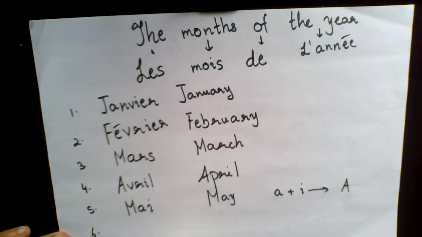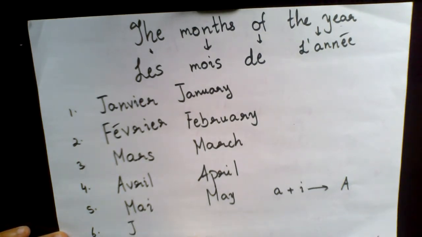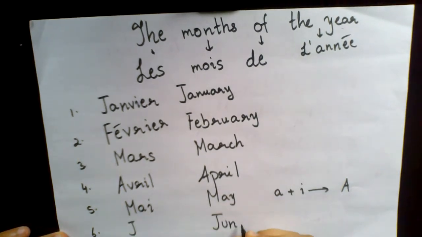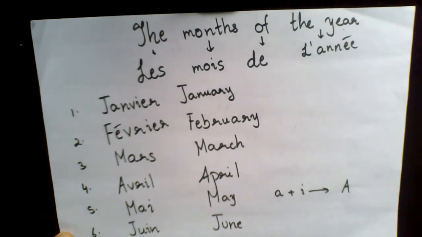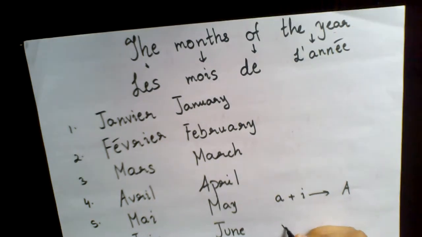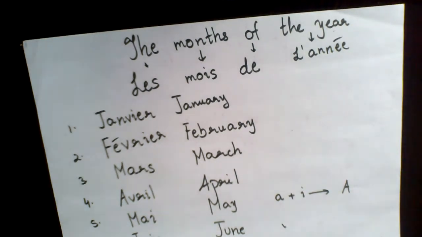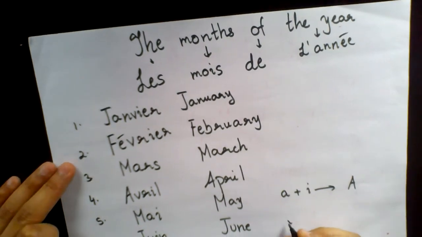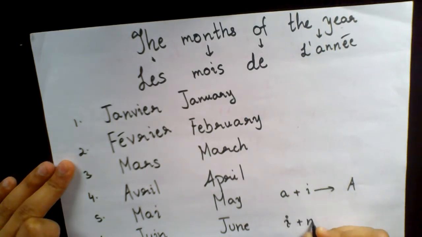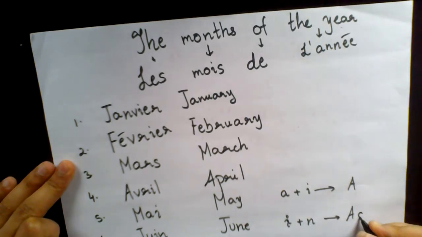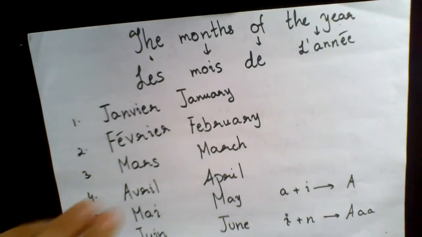The sixth one is June. You call it "Juin". Now remember that in French, when you have an I plus N, the sound becomes a nasal sound.